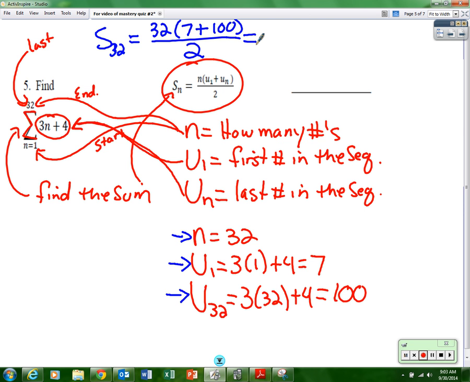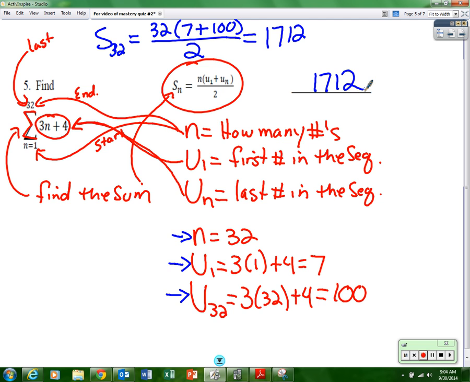Okay, if you plug that into your calculator, it will spit out 1,712. So the sum of the first 32 numbers in this sequence is 1,712.